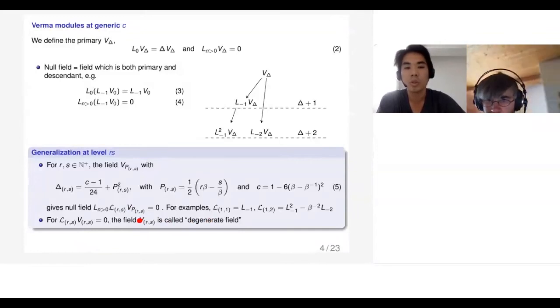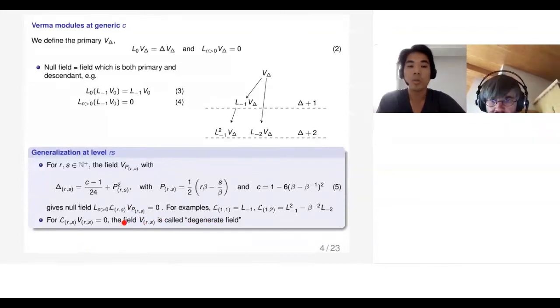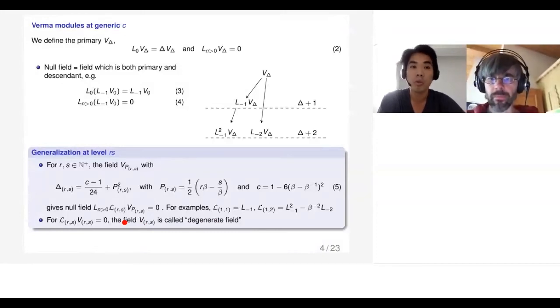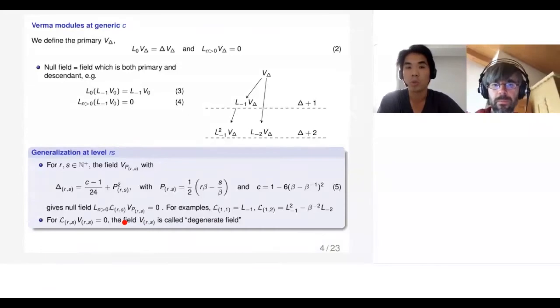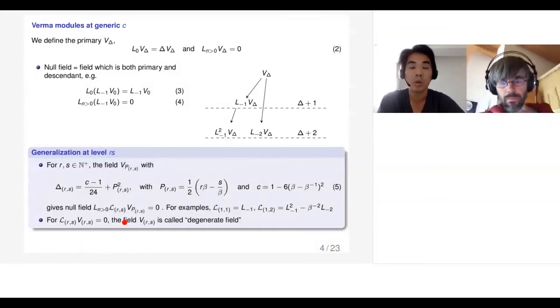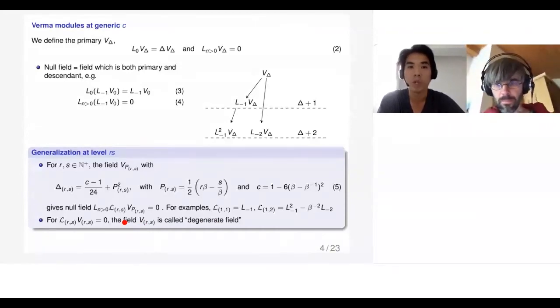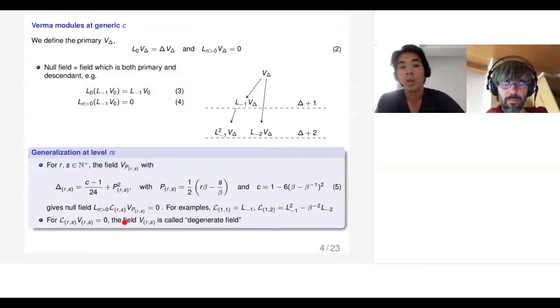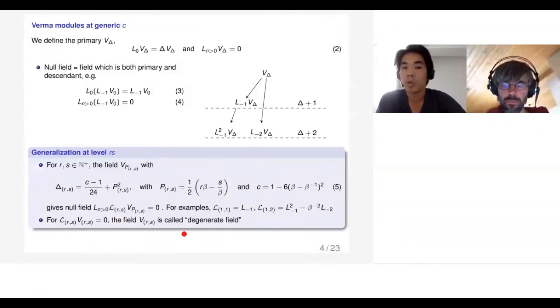And I shall always use V_{R,S} here to denote the degenerate field. And so this is as complicated as the structure of Verma modules can be at generic central charge. However, if you allow the central charge to take more special values, for a standard rational central charge, the structure can be much more complicated. But we are not talking about that here.